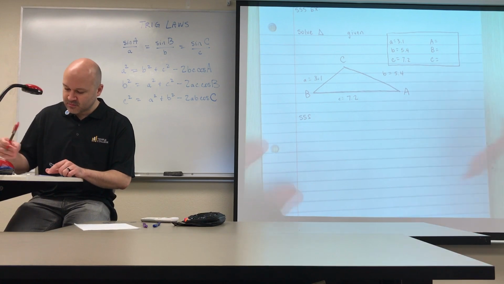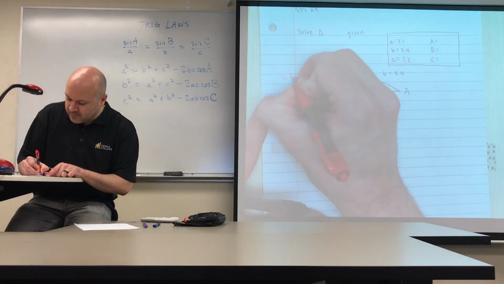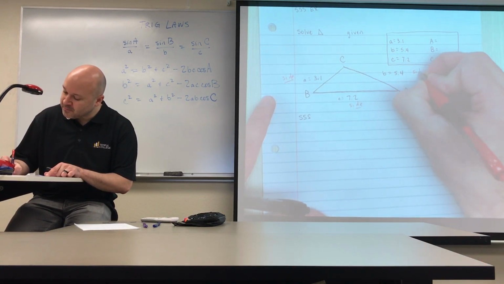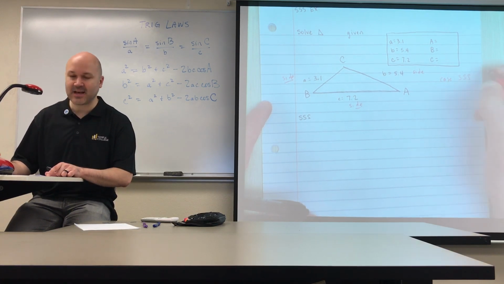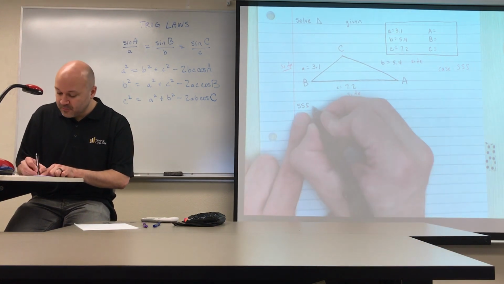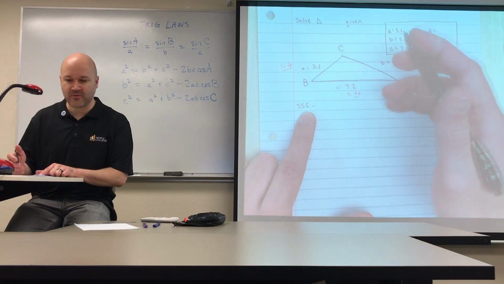Well, let's identify the case. I was given a side and a side and a side. So this is definitely the SSS scenario. In that case, you go after the largest angle first.